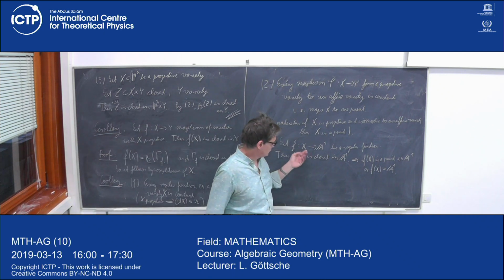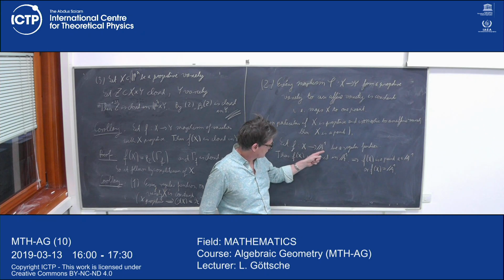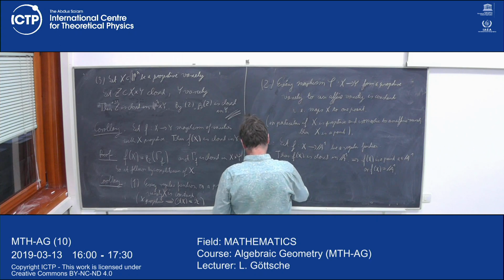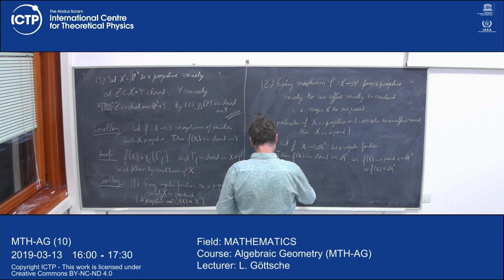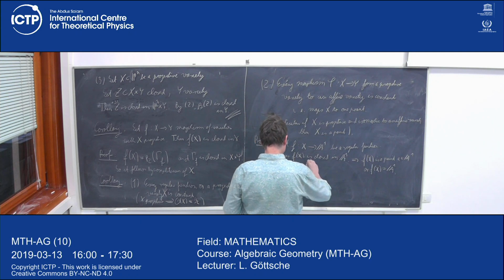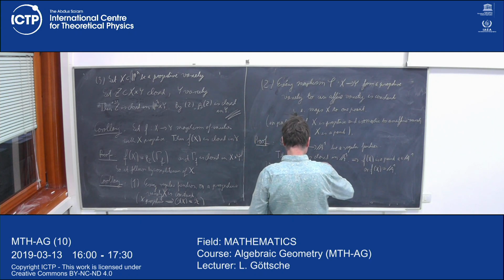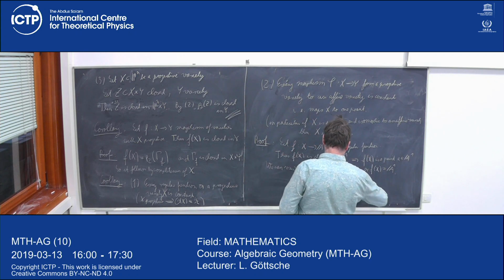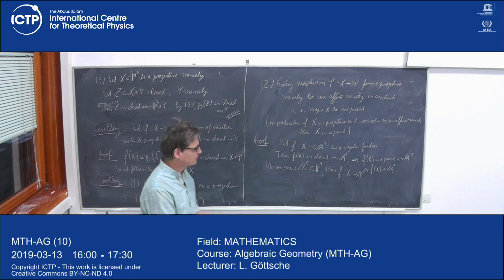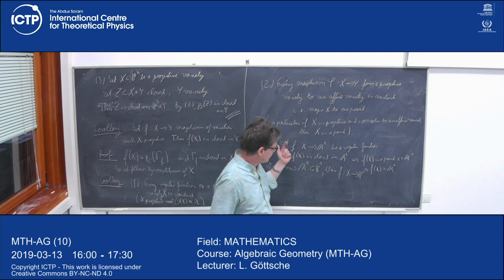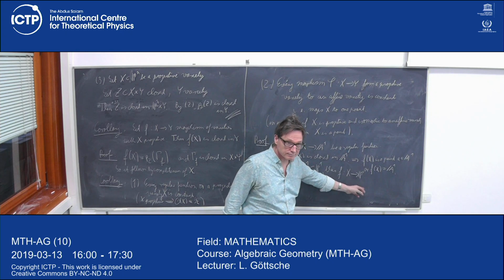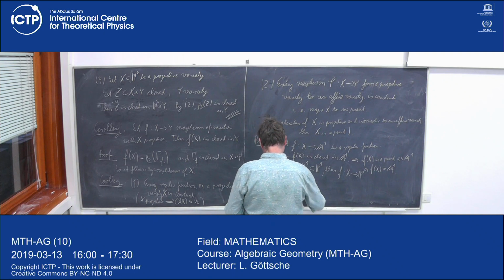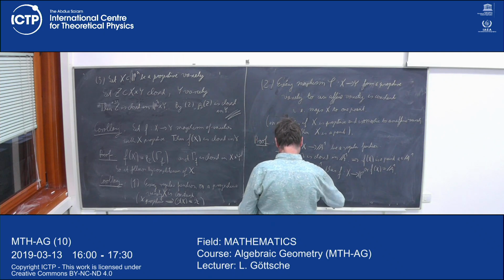So we have to exclude that it can be the whole of A1. But note that A1 can be viewed as a subset of P1. Thus f is also a map from X to P1, which just happens to map into A1. And also, as a map from X to P1, the image must be closed. So f(X) in P1 is closed.